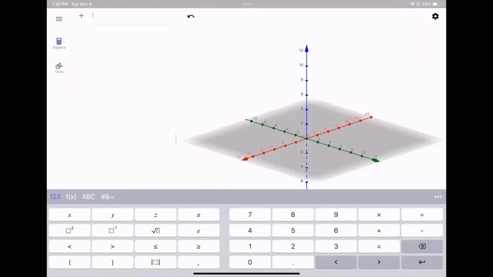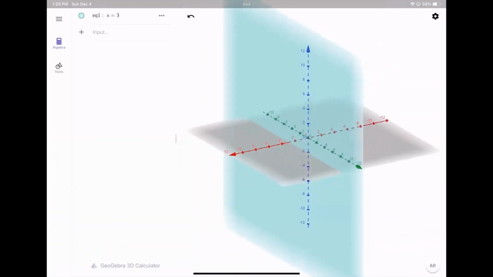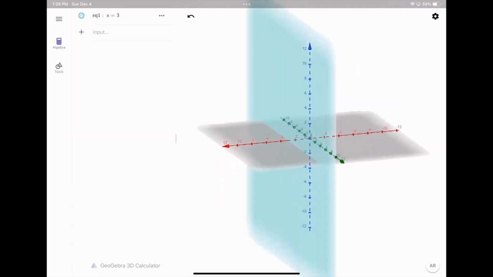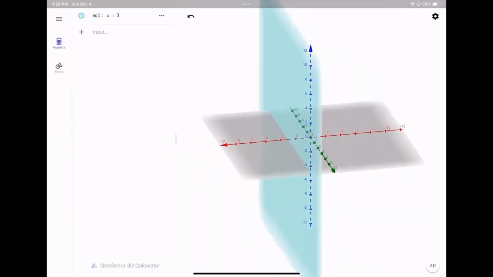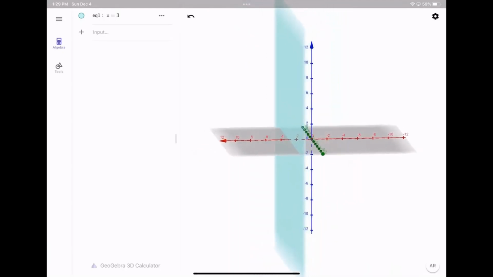If you type in x equals 3, you will see that plane right here. This is the plane that I tried to show you drawing by hand. Again, this gives us really good perspective on how this looks. The red axis is the x-axis, the green is the y, and of course the blue is the z-axis.